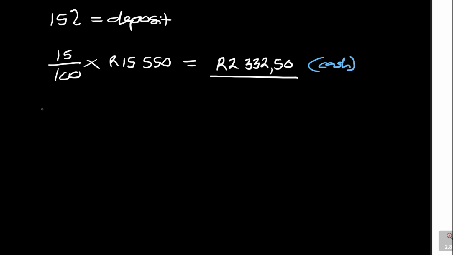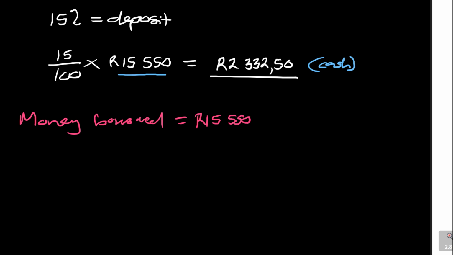So the question is, are you borrowing 15,550? No. How much are you going to borrow? Then you're going to say money borrowed. It makes sense, right? What is the money borrowed? It is the 15,550 less the cash that you brought, 2,332.50.